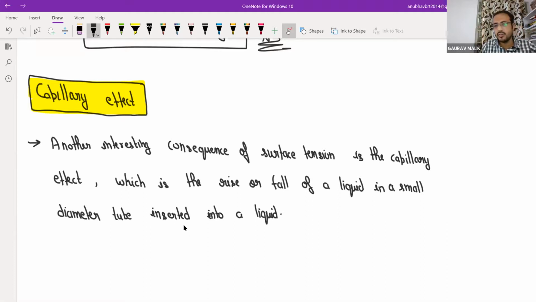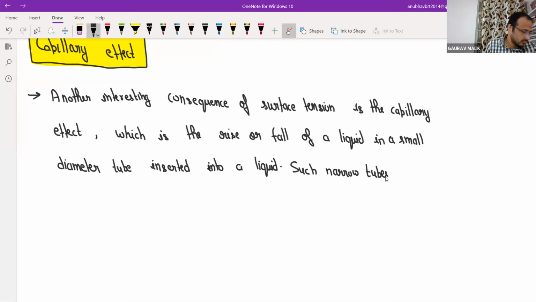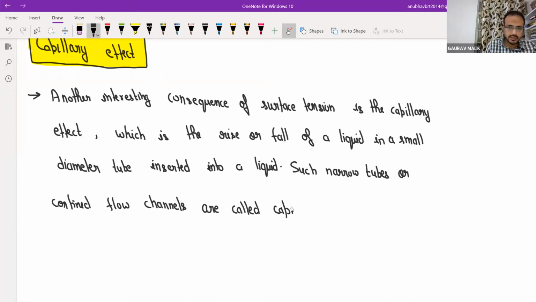Such narrow tubes or confined flow channels are called capillaries.